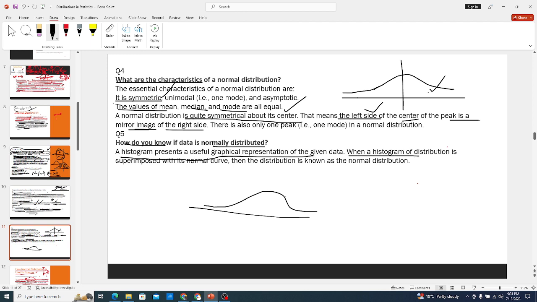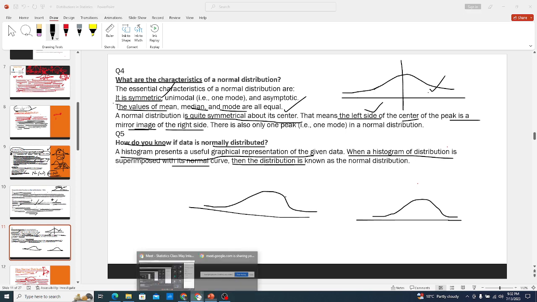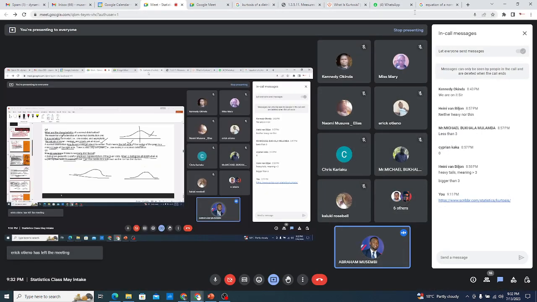When the histogram of a distribution is superimposed with the normal curve, then the distribution is known as a normal distribution. Any curve like this, you can check, you will see that it tends to follow a normal distribution.